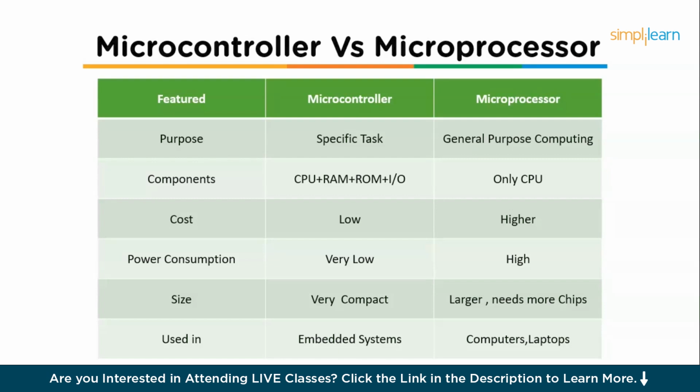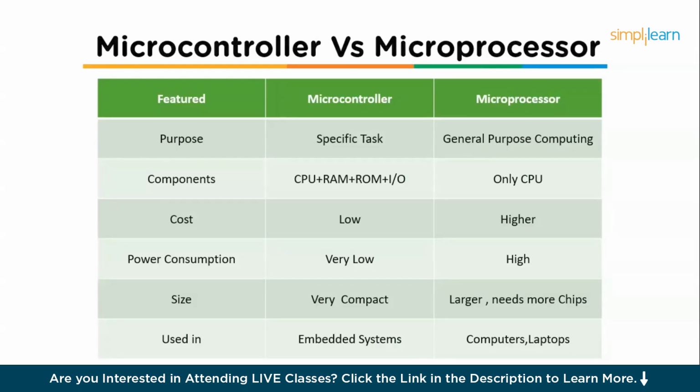The power consumption of a microcontroller is very low, and for a microprocessor it is very high. The size of a microcontroller is very compact, and the microprocessor is larger and needs more chips. A microcontroller is used in embedded systems and a microprocessor is used in computers and laptops. So a microcontroller is like a compact toolkit with everything inside, and a microprocessor is like a CPU that needs external ROM and input-output devices to work.